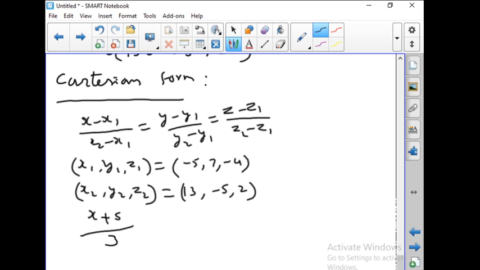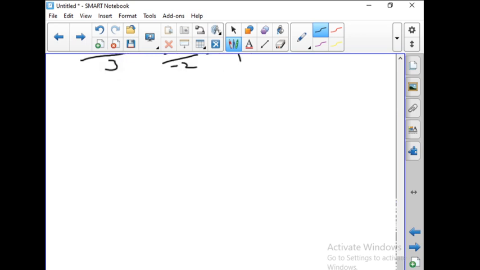So we can write it as (x plus 5) by 3, or also as 18, is equal to (y minus 7) by minus 2 is equal to (z plus 4) by 1. So this is the Cartesian form.